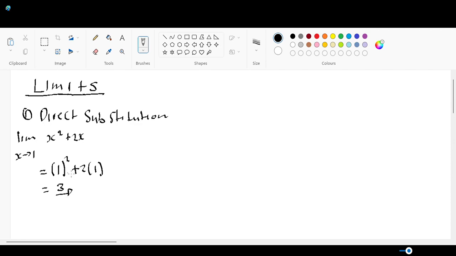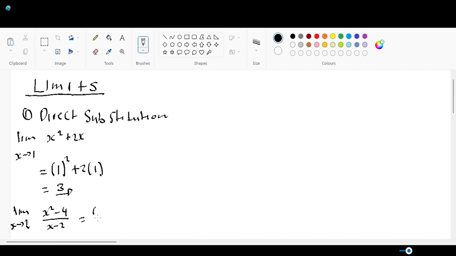Now let's say we are given a problem whereby we have limit, x is approaching 2, and our function here is x squared minus 4 divided by x minus 2. Alright, so if we do direct substitution, let's continue here.